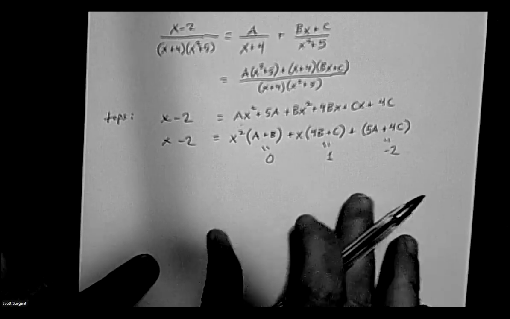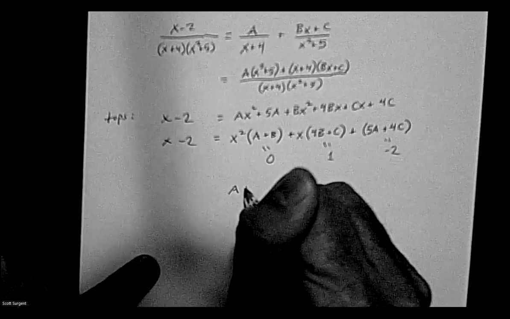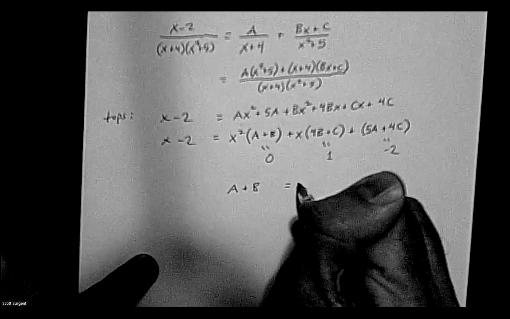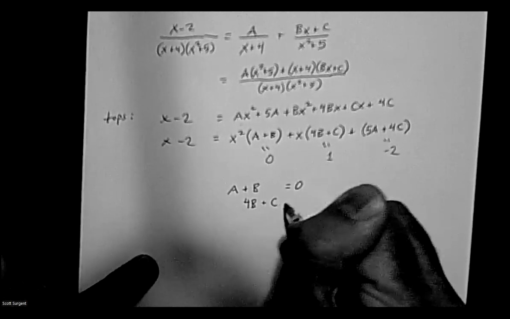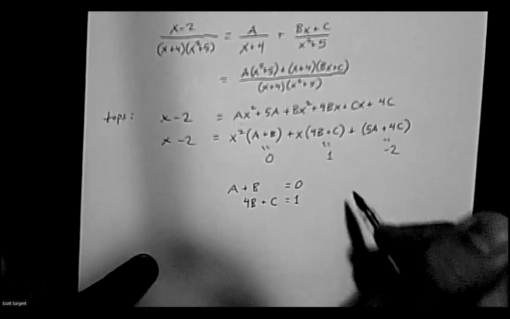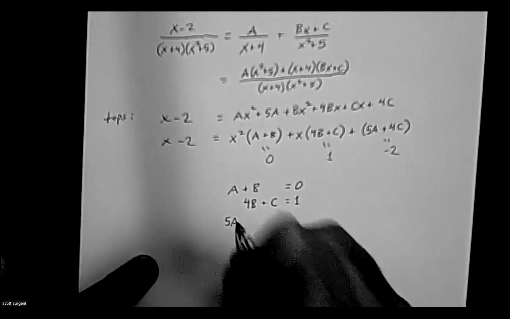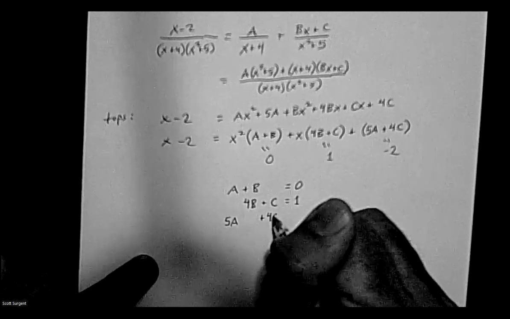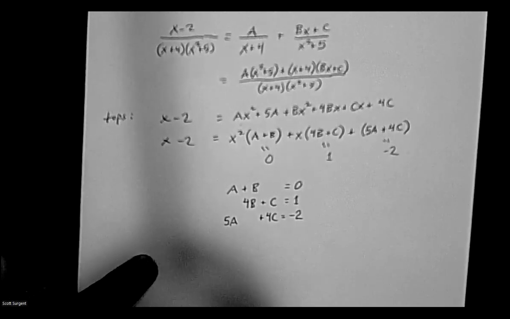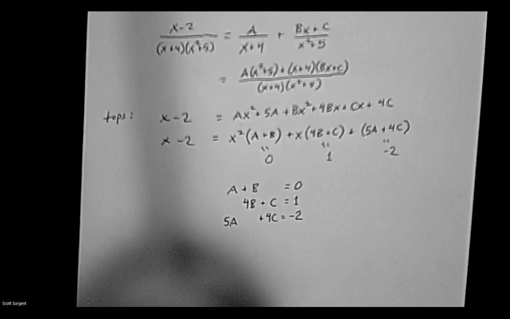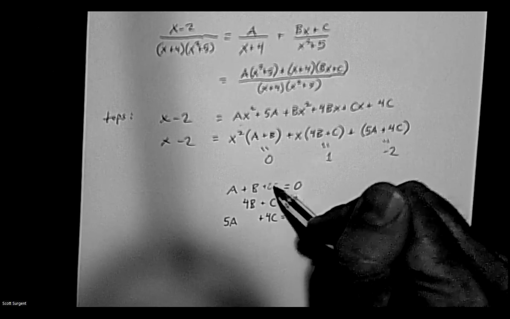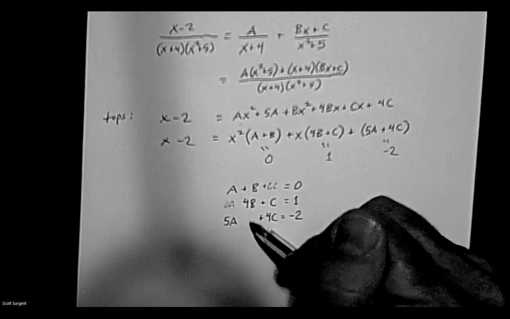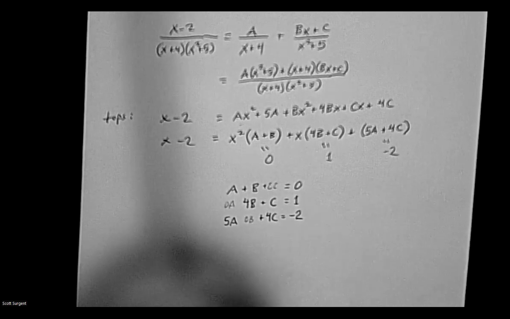So I'm going to write that as a system, where I stack the coefficients and the constants. I've deliberately left some blanks there because I can treat this as a 0C, this as a 0A, and this as a 0B.